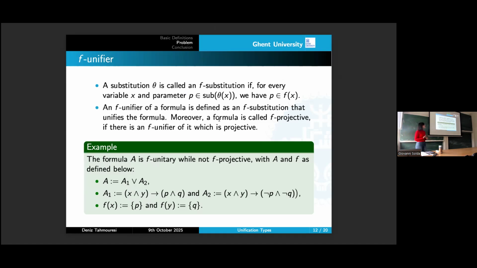Now, as I said before, we have seen an example which had some sort of circularity in it.